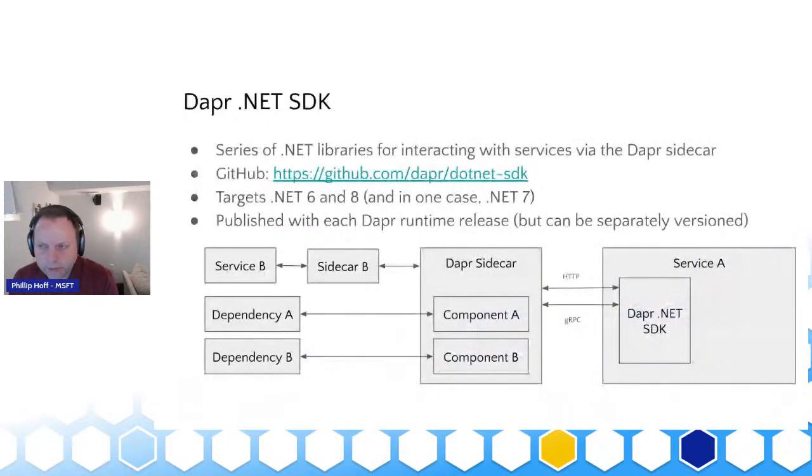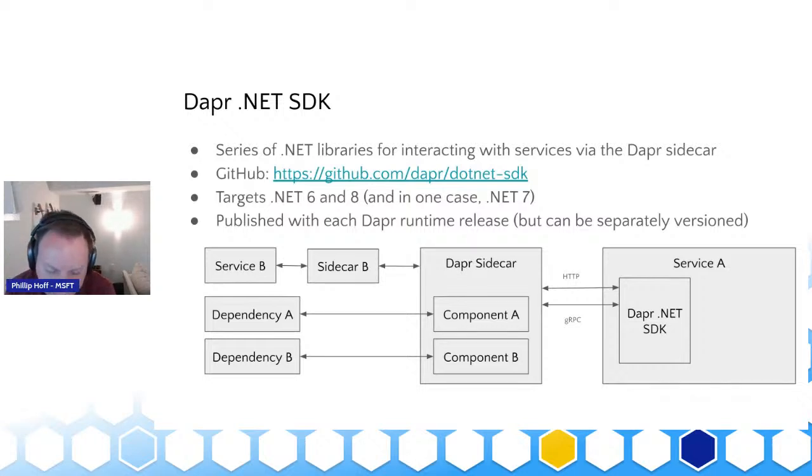Let's start with a brief overview of the .NET SDK itself. It's a series of .NET libraries for interacting with services via the Dapr sidecar. We'll spend a little time to refresh our memories about how Dapr works. So you've got your service, we'll call it Service A. It's a .NET service, probably ASP.NET, making use of the Dapr.net SDK.